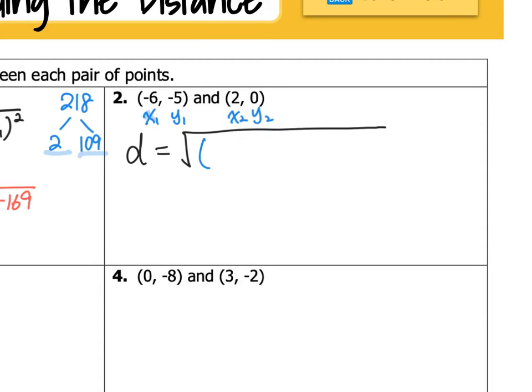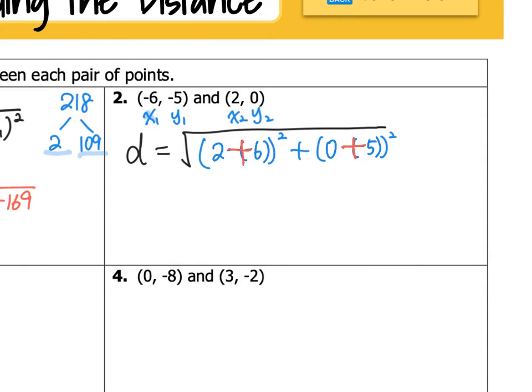The first one is the square of the subtraction of x's, and adding the second parentheses, the square of the subtraction of y's. So let's plug in the numbers. So x2 is 2, x1 is negative 6, y2 is 0, y1 is negative 5. All right, negative becomes, that's right, positive.